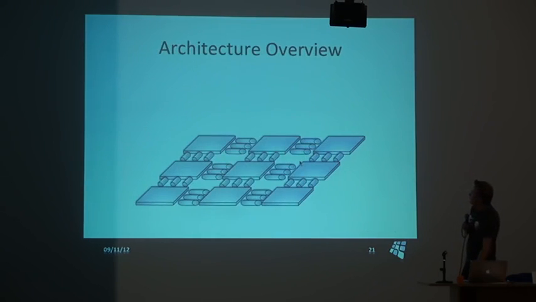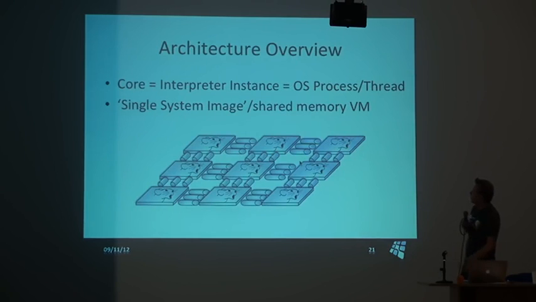So if you imagine how a VM runs on that, basically every core hosts its own interpreter instance. They are part of the same overall Smalltalk image execution, so it's a single system image. As a programmer, you still have the illusion and the experience of a shared memory system, but they basically run independently on the different cores.